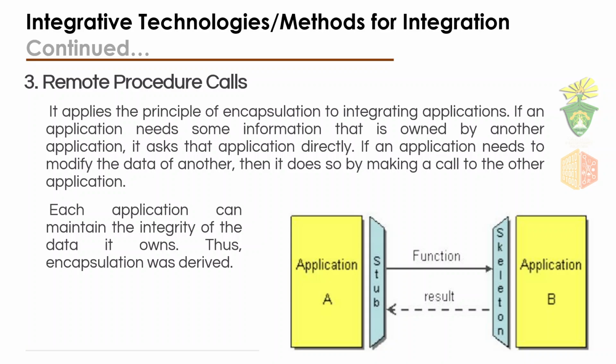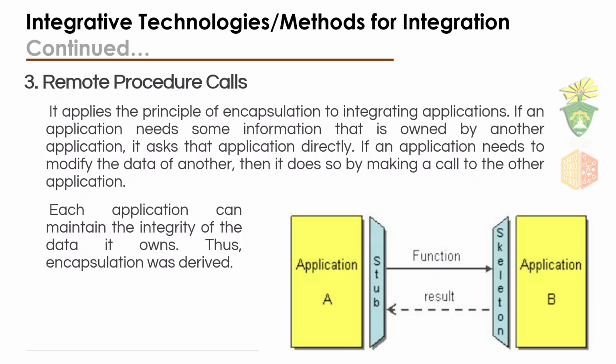Both stub and skeleton are the ones who will exchange buffers or signals. So when some functions are triggered, the stub will tell the skeleton. And then when that particular process finishes, the skeleton will inform the stub, returning a result.